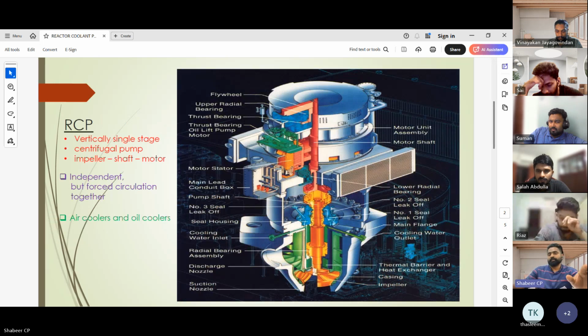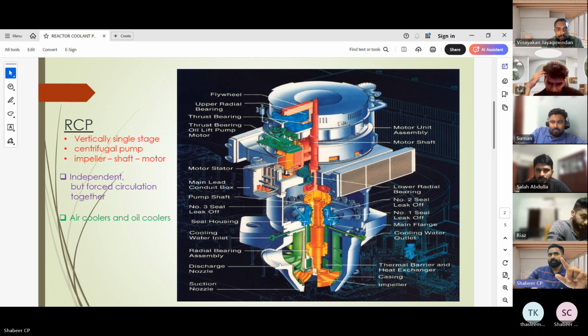Here you can clearly see the sectional view of an RCP. We can see it's a vertical single-stage centrifugal pump. You can see the construction. The top is the motor. In between, there is a shaft connecting the motor to the impeller.